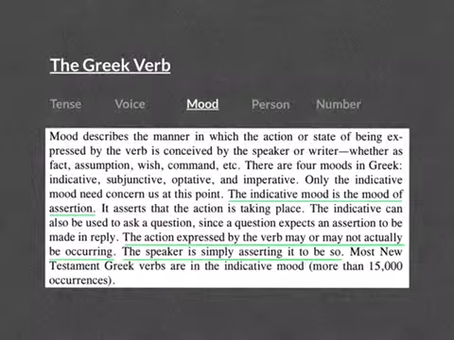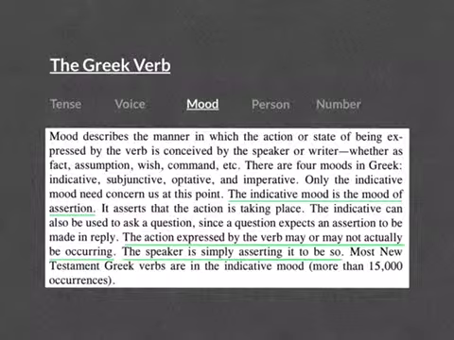The imperative is a command: do this, don't do this. And the infinitive is basically having a verb without a subject, like to be or not to be, to have or not to have.